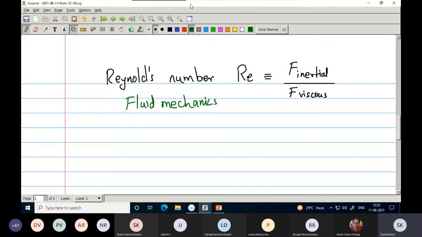If you have water flowing through a pipe, the Reynolds number is equal to rho times the velocity of the flow times the diameter of the pipe, divided by the viscosity. This is for a pipe flow.